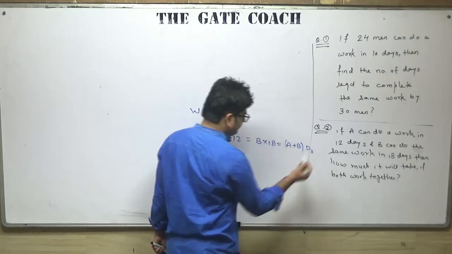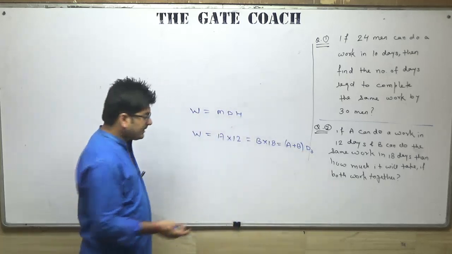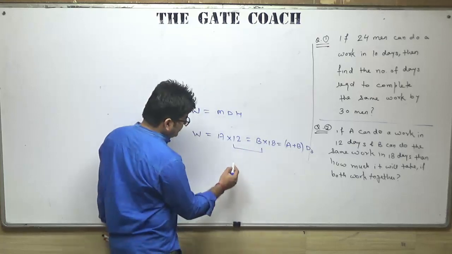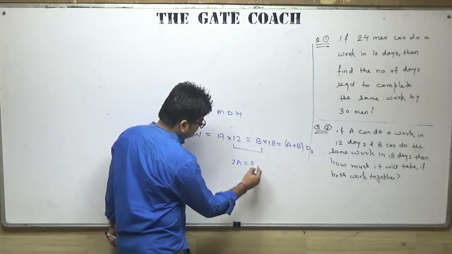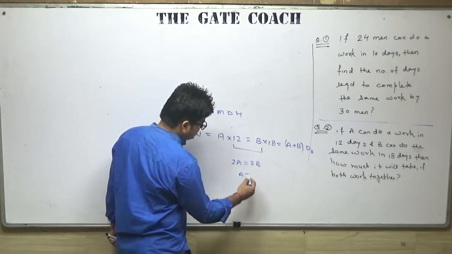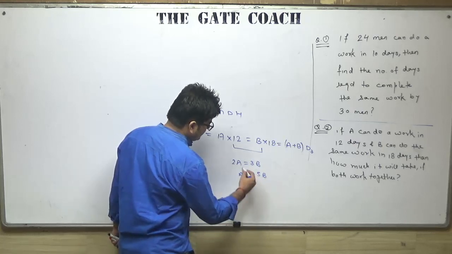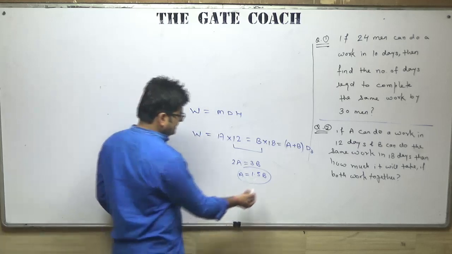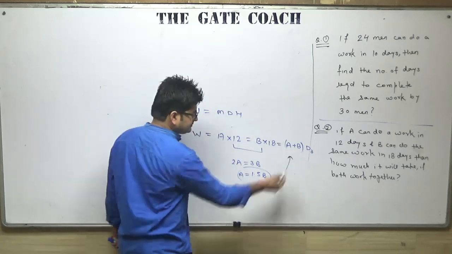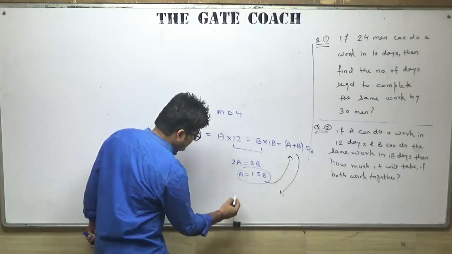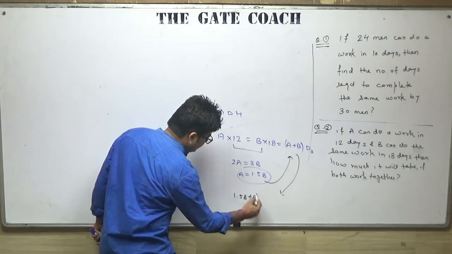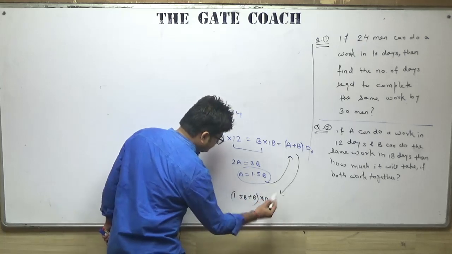Let's say D3. Here you can see if you take these two parts, you will get a relation 2A is equal to 3B, or you can say A is equal to 1.5 times B. Now replace this A here, you will get 1.5 times B plus B into D3.